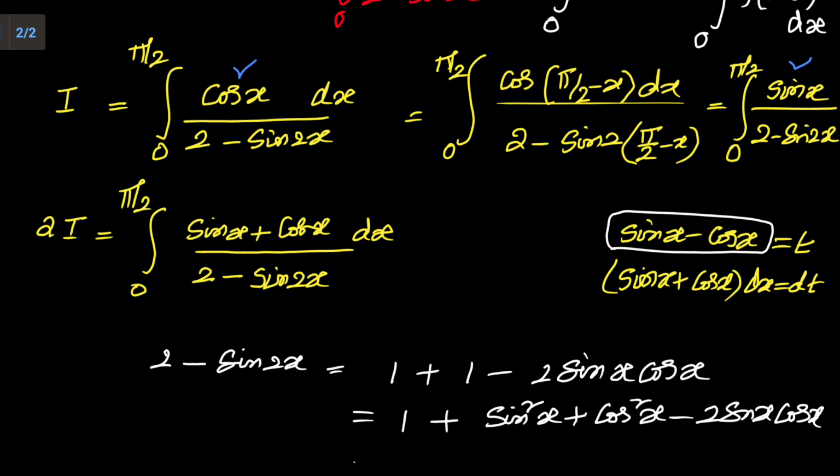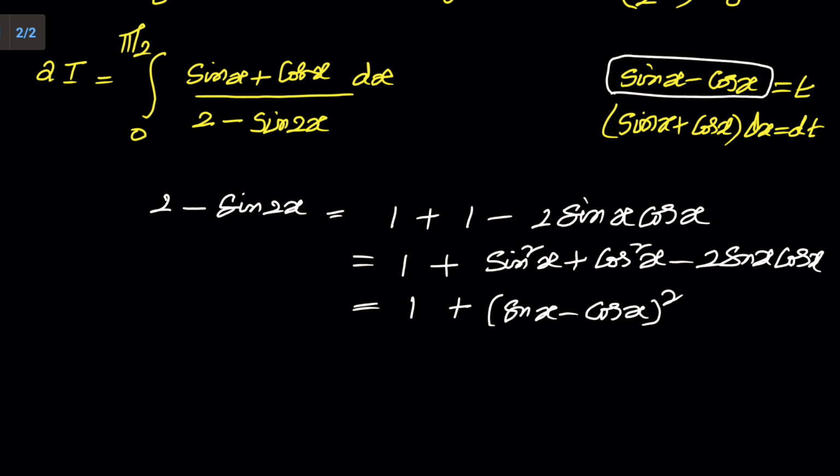And that can be written as 1 plus sin x minus cos x whole square. So we are successfully able to get our denominator in terms of t.